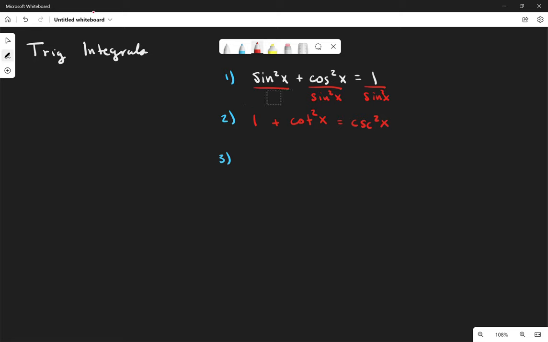This is the other identity. And then to get the third Pythagorean identity, I actually did this in one of the other videos, I'm going to divide by cosine squared. If I do the same thing to everything in the equation, it stays the same, so I can do that. I get tangent squared plus 1 is 1 over cosine, which is secant squared.